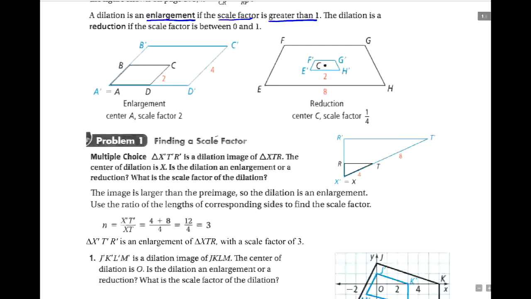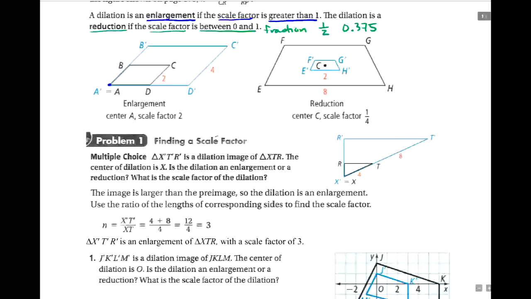Your dilation is a reduction if your scale factor is between 0 and 1. This means that it's a fraction. And this makes sense. You reduce something if you are making it half as large, or 0.375 times as large.